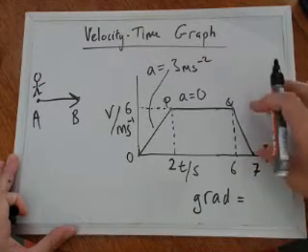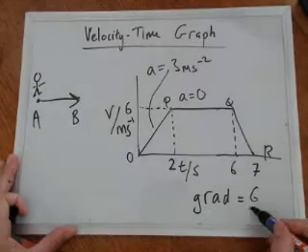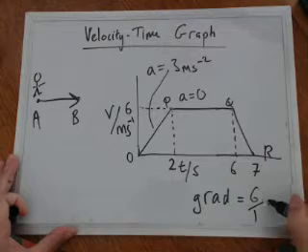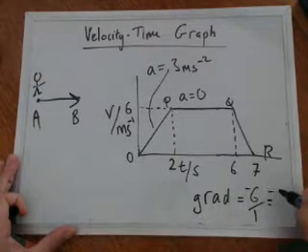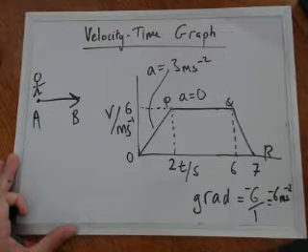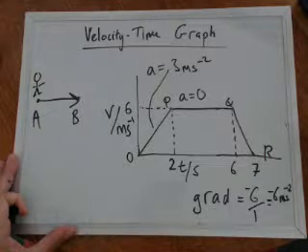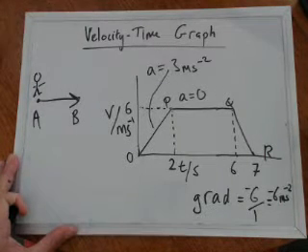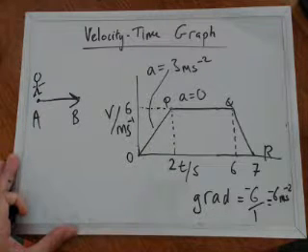So the change in y is 6 divided by the change in the x direction, which is just 1 second. So the gradient is, in fact, negative. So it's minus 6 meters second to the minus 2. So he decelerates rather quickly and comes to a stop. Perhaps he ran into a tree or something.